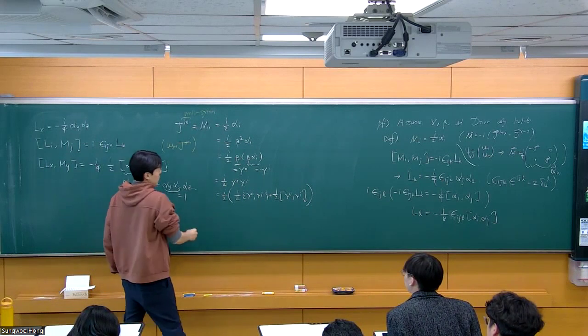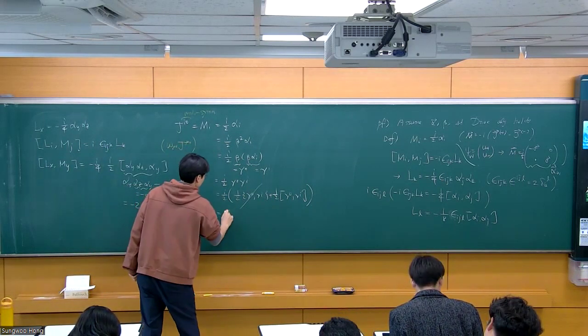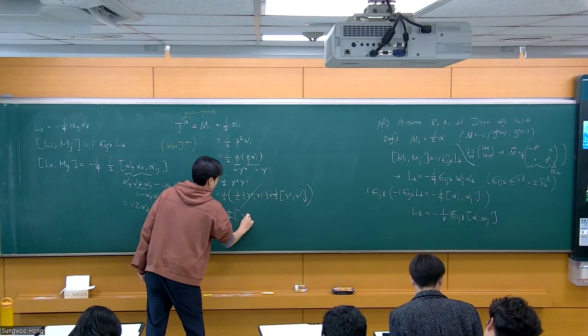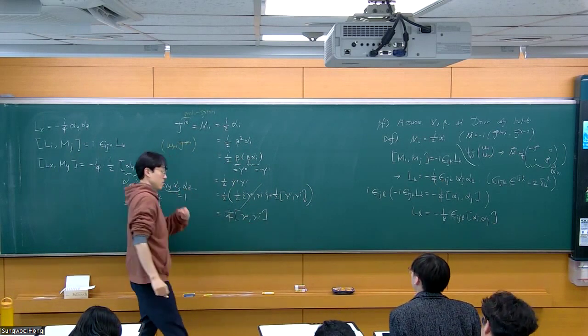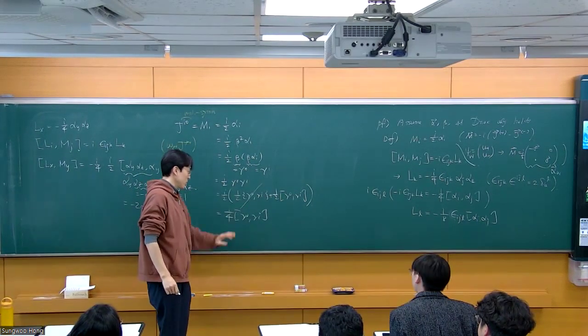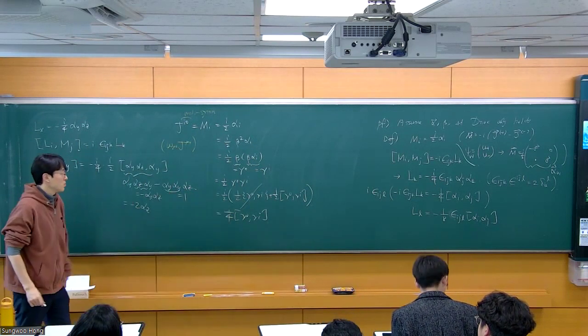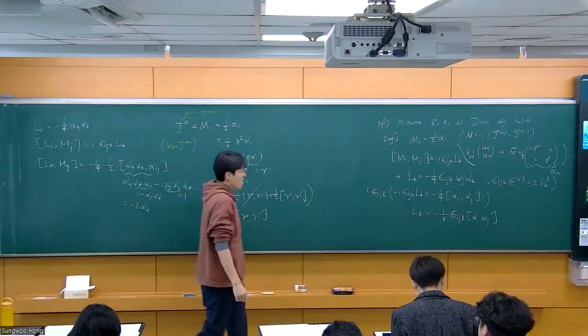I know that because of that property, the symmetric part won't contribute. Therefore, for instance, the boost generator can be written like so. I'm just rewriting things, but soon I will properly introduce all these notations. I'm anticipating that's coming.